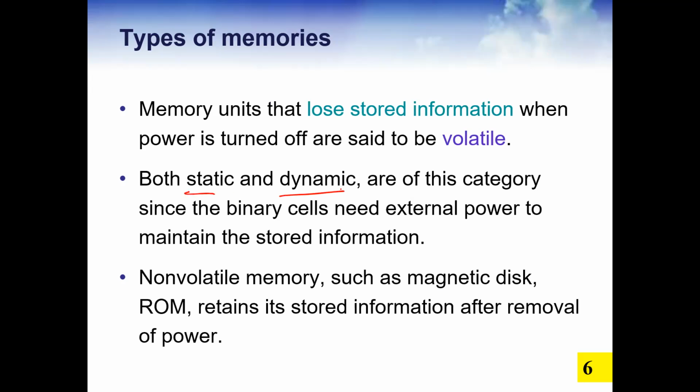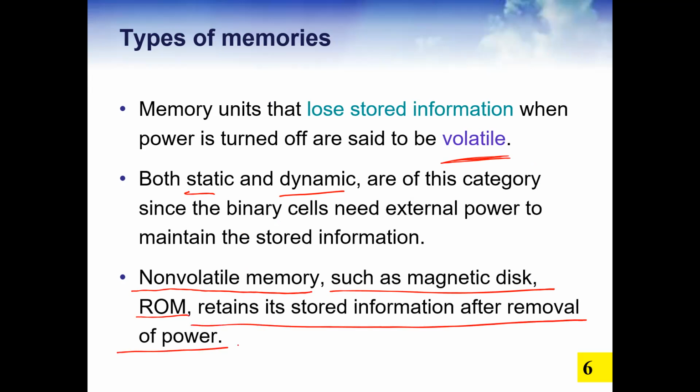This is about volatile memory, that is, RAM. Another one is ROM, non-volatile memory, such as magnetic disk. ROM retains its stored information even after removal of the power. We'll now discuss volatile memory, static and dynamic.